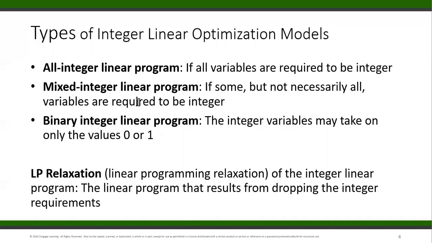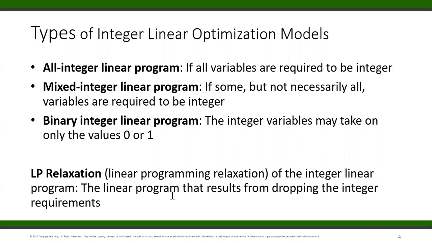So it's always good to solve what is called the LP relaxation, and it's simply the same formulation, the same model, except that you don't really care about the integer requirement. You ignore that and you solve the LP using the simplex method, and then just take a look at the values. Do they make sense?